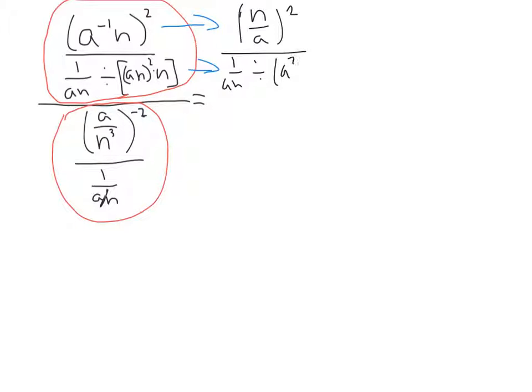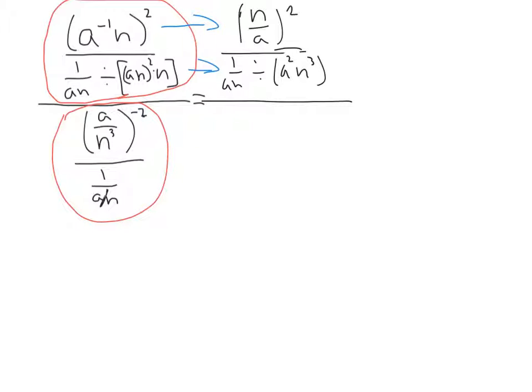It's divided by a squared n to the third, which is what the expression in the brackets comes out to be. Sorry, that's a squared. Doesn't seem to want to write. A squared. There we go. Then there's the main dividing line. Again, I'm just trying to keep each piece intact and do a little bit of a step each time.